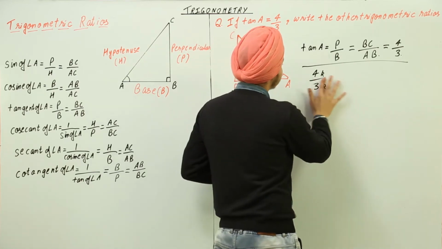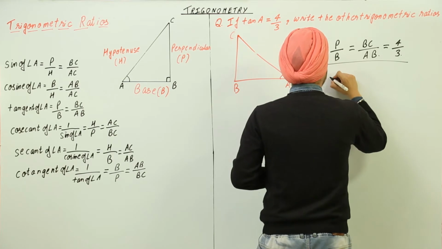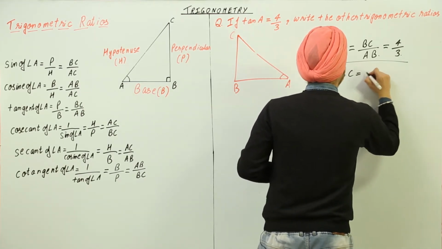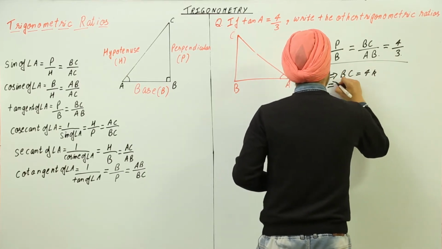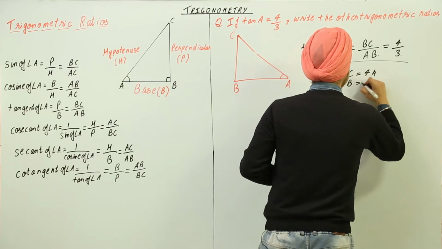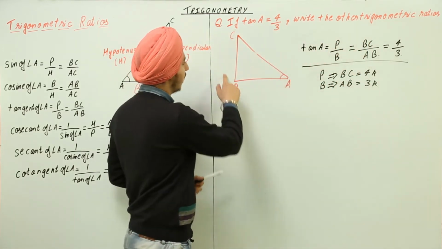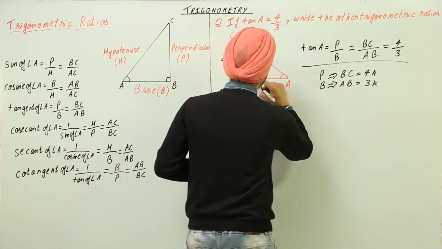So let's say that the perpendicular here, that is BC, is equal to 4K, and the base, that is AB, is equal to 3K. Okay, so perpendicular is 4K and the base is 3K.